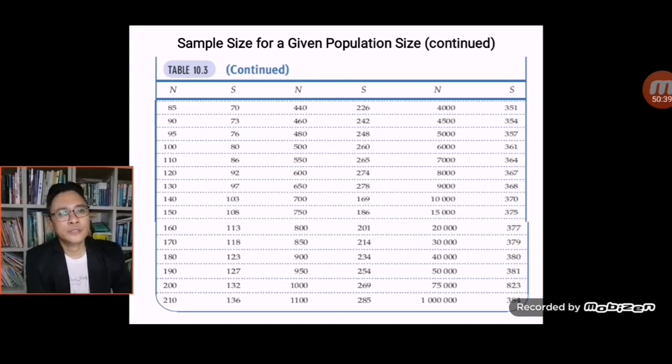Krejcie-Morgan kata dia dah buat calculation, if it is 1 million and above, the most sample size will be 384. So above 384 tu, you notice 823. Yang 823 tu dia silap atau ada silap number. Okay, dia ada 323 bukan 823.